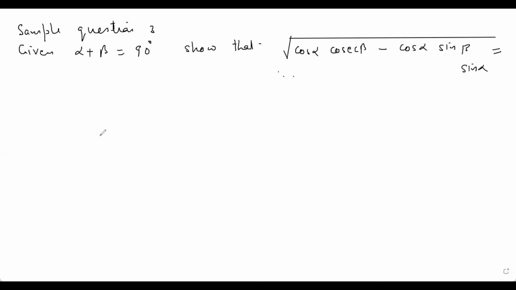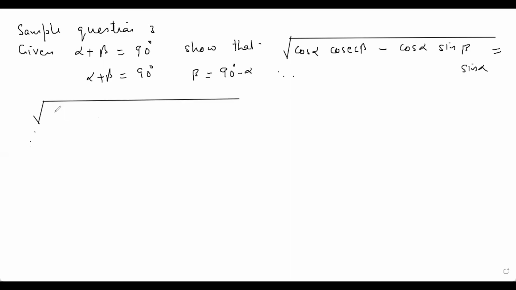Now the sample question number 3. Given that α plus β is equal to 90 degrees, show that cos α cosec β minus cos α sin β is equal to sin α. Now α plus β is equal to 90 degrees, so β is equal to 90 degrees minus α.